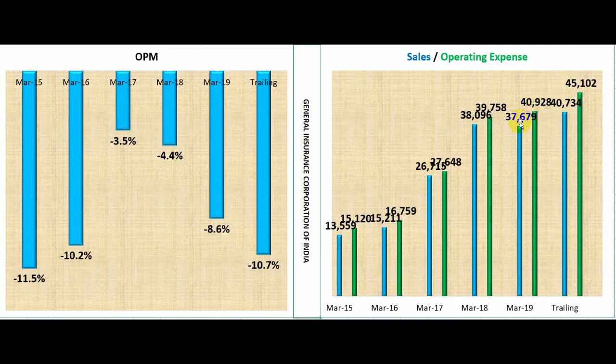Since the company is into reinsurance business, if there are claims, then it needs to settle them, and that is considered under the operating activity. Even in the recent 12 months, we can see total sales are around 40,000 crores and the expenses are around 45,000 crores. So we can see that overall, since March 15 onwards itself, the company has been making operating losses.